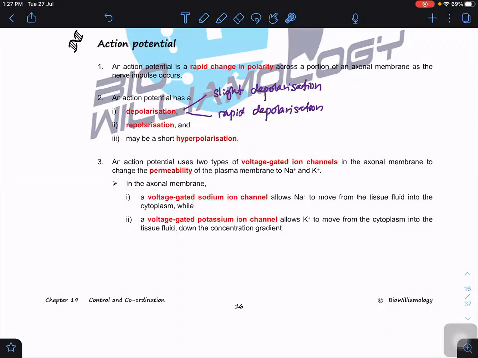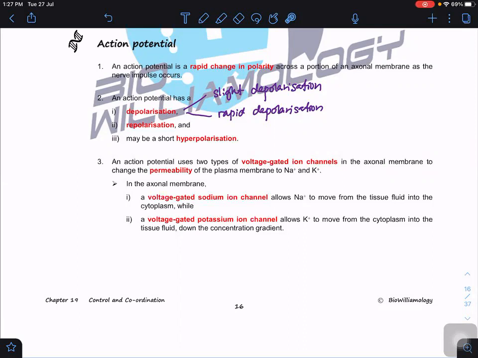Now we want to depolarize the membrane. From negative 65, we make it become less negative and eventually become positive. De means remove, so remove the polarity of the membrane. It's no longer polarized and from negatively charged becomes positive.